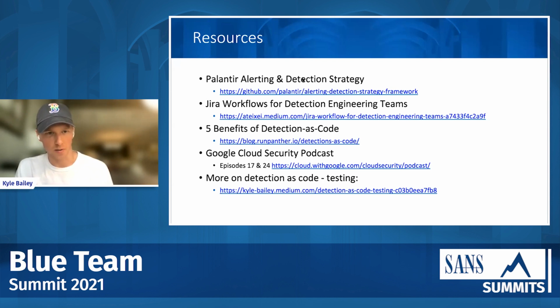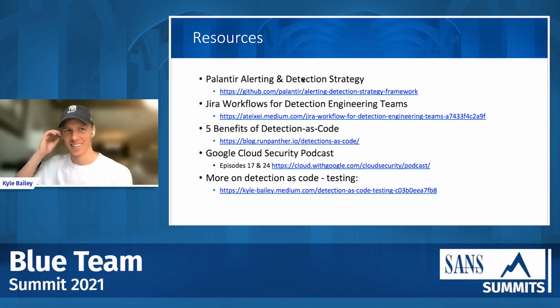They have a couple of episodes that are really thought-provoking. And then I have another article around testing that I like. I'm really into testing, so if you're into that, that's there as well.